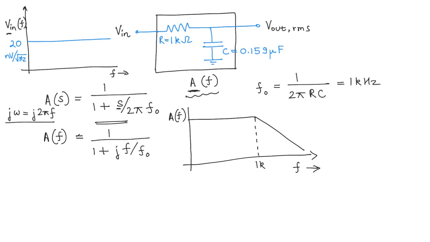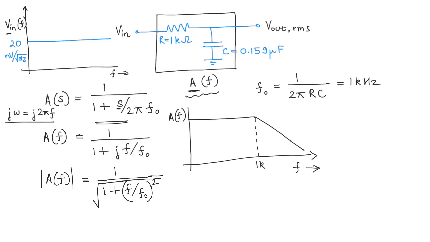So that's what I get. And perhaps what we want to do here is find out the magnitude of this. So if I find out the magnitude of AF, I get 1 over 1 plus f over f naught square, and you'll have a square root around this, right?